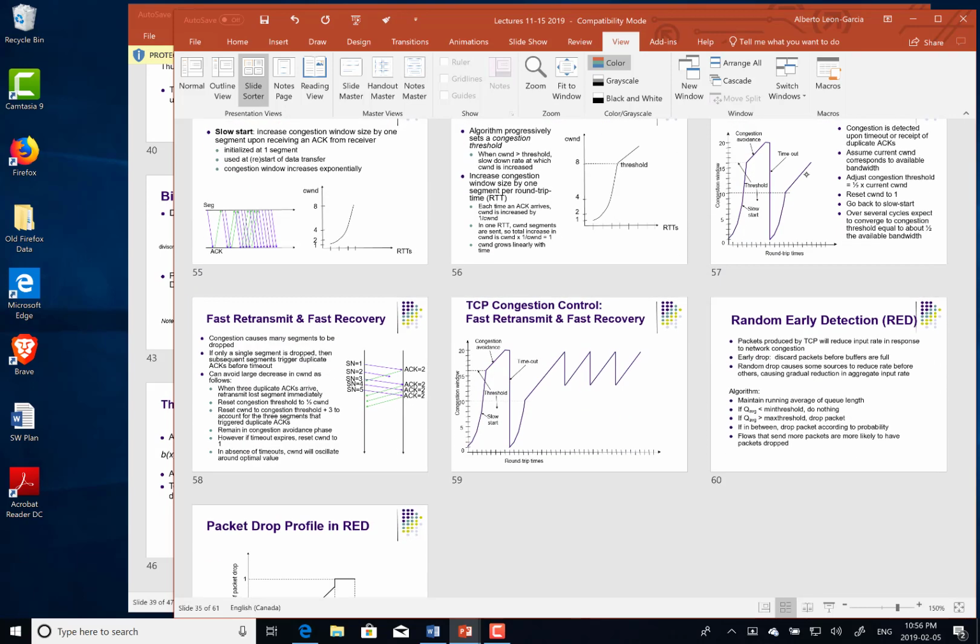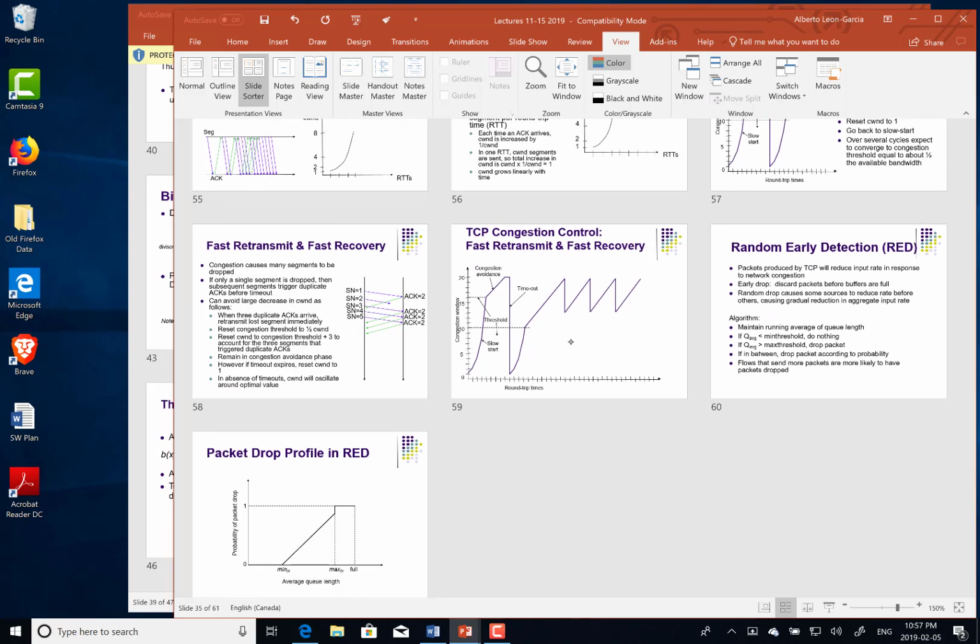There's a trick that tries to account for when this has happened, and instead of going all the way down, it does the calculation of where you would have been, and so it doesn't go all the way down. It tries to stay here. Okay, and that was what the fast retransmit and fast recovery method was.